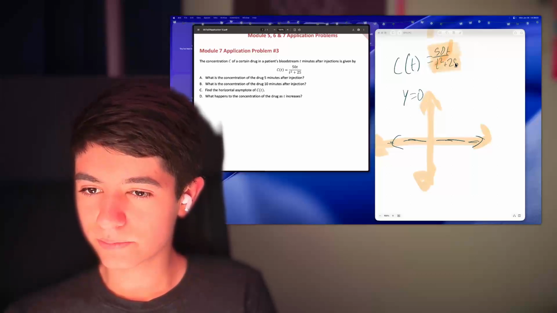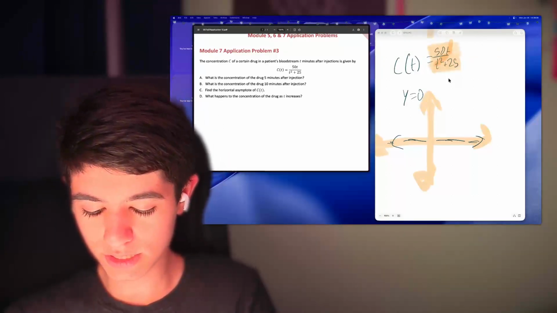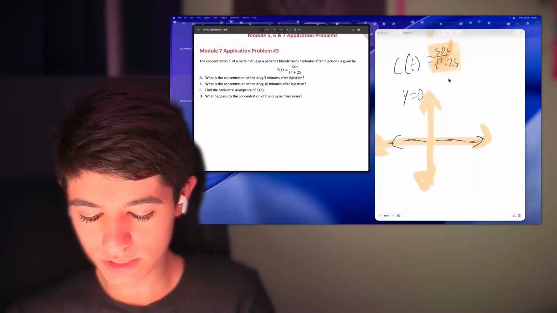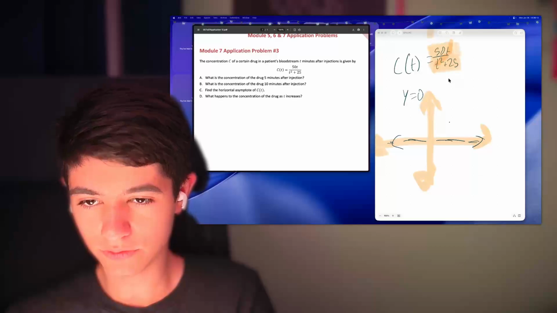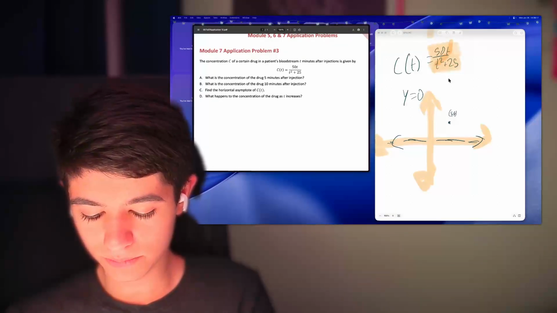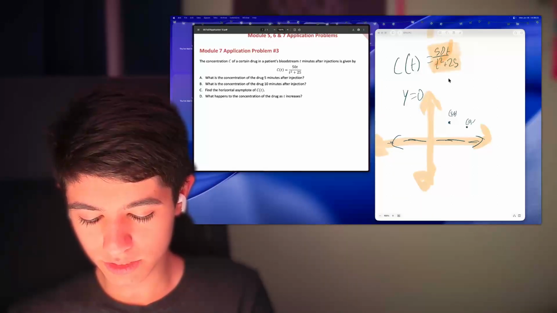So now sketching a few points. We already found that when t is 5, the y value C of t is going to be 5. So we can label this as 5, 5. And then when t is 10, C of t is going to be 4. So this will be 10, 4.